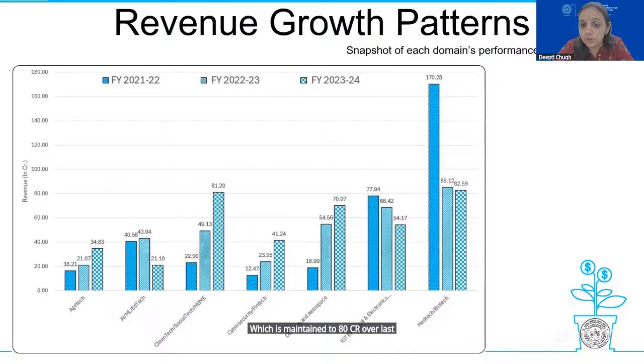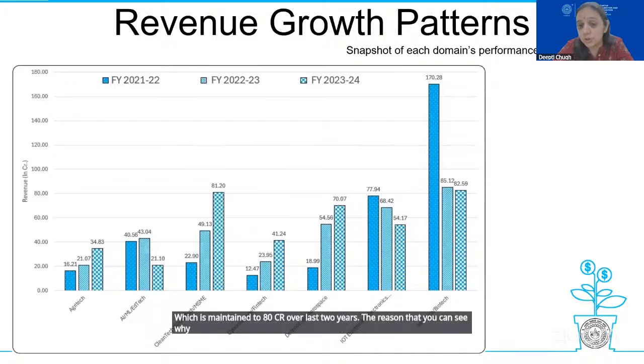The reason why the revenue surged so much during 21-22 is because of the COVID time, when many of the startups came into play, and we had NOCAR Private Limited that was working on developing ICU ventilators when we had a deficiency of ventilators during the COVID time. So that is the reason for the increased growth of the startups during that time.